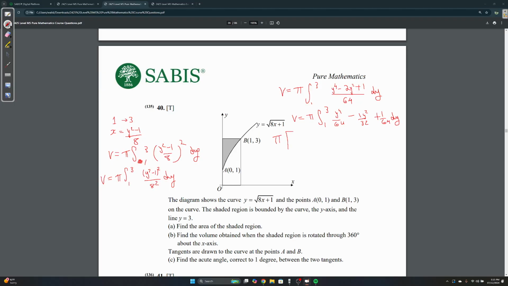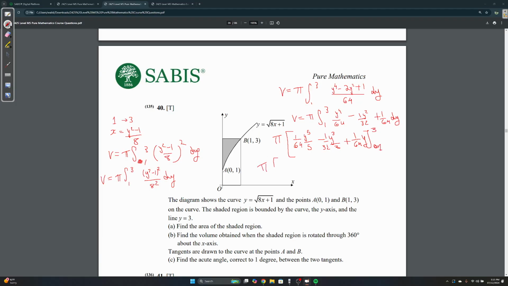So you're going to get pi, open bracket, y to the power 4 over 64 becomes 1 over 64, y to the power 5 over 5, minus 1 over 32, y to the power of 3 over 3, plus 1 over 64 y. Remember, take the denominator to the side. Our bounds are from 1 to 3.